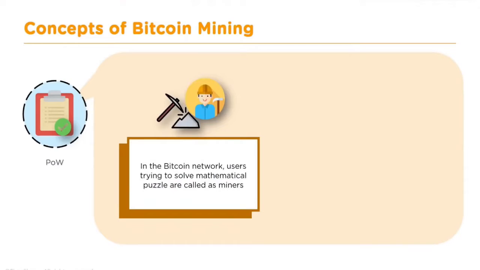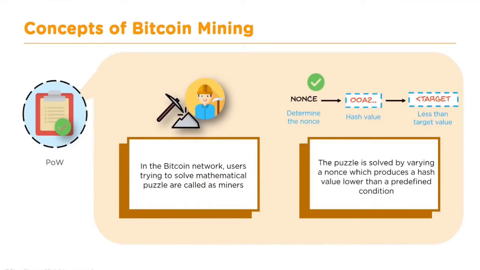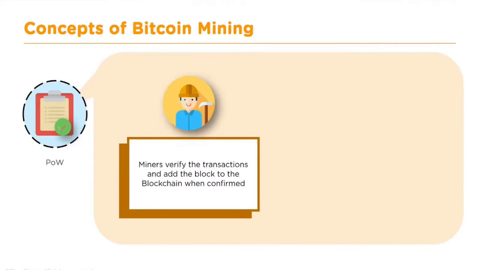Now, in the Bitcoin network, users trying to solve the mathematical puzzle are called miners. The puzzle is solved by varying a nonce which produces a hash value lower than a predefined condition, which is called the target. Miners verify the transactions and add the block to the blockchain when confirmed and verified.